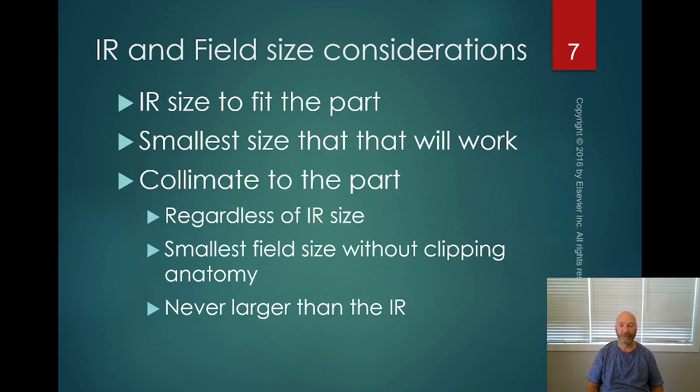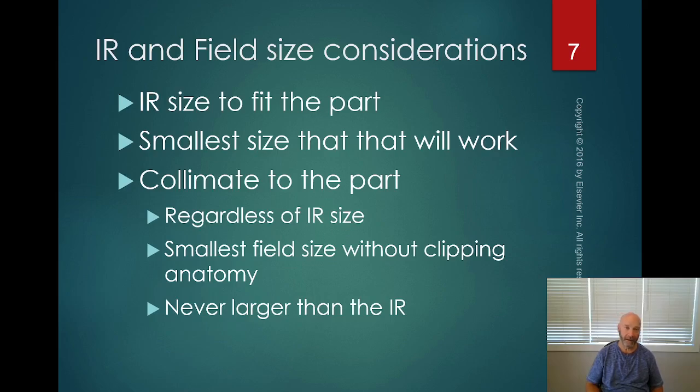So that's a general rule. Image receptor size to fit the part or fit the patient. You want to use the smallest image receptor size that will work, and then you want to collimate to the part. So regardless of the image receptor size that you use, you want to collimate to the anatomy of interest, and you want to use the smallest field size without excluding anatomy or clipping anatomy and not including it on the image.